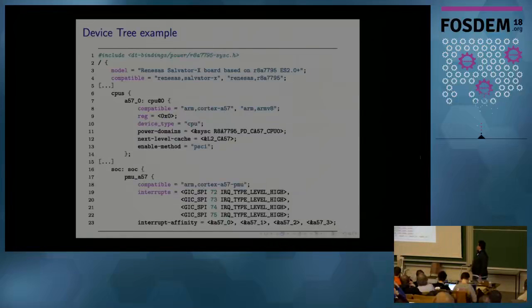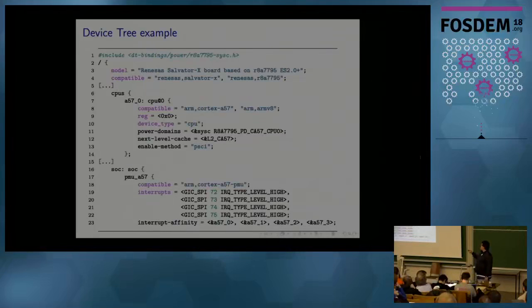So what you see here in the device tree at the beginning is an include directive. This is just because both Linux and U-Boot are running the device tree through the C preprocessor to expand these macros, so that you don't have to encode numbers into the device tree by hand. So you can just use these symbols. And besides that, what do we have here?